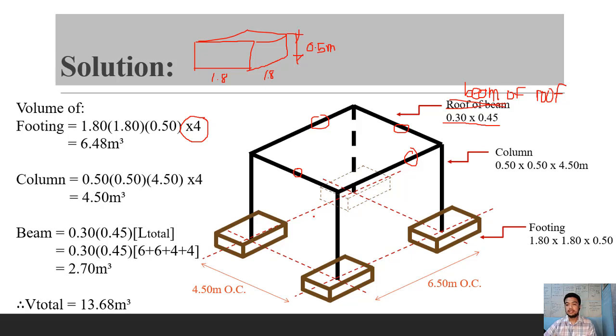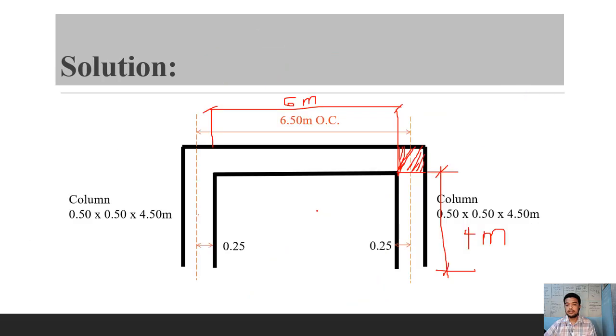So let us try to see this in another angle. So for example, this is the top view. 6.5 meters is only measured on the center, center to center.